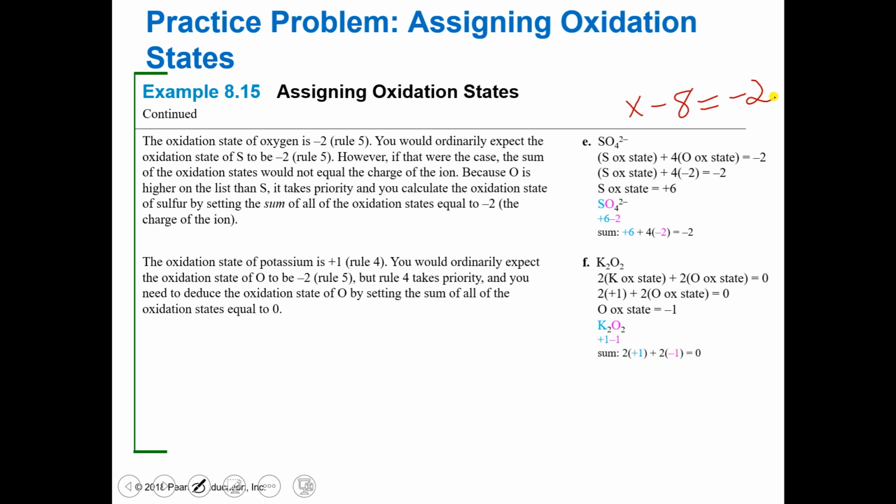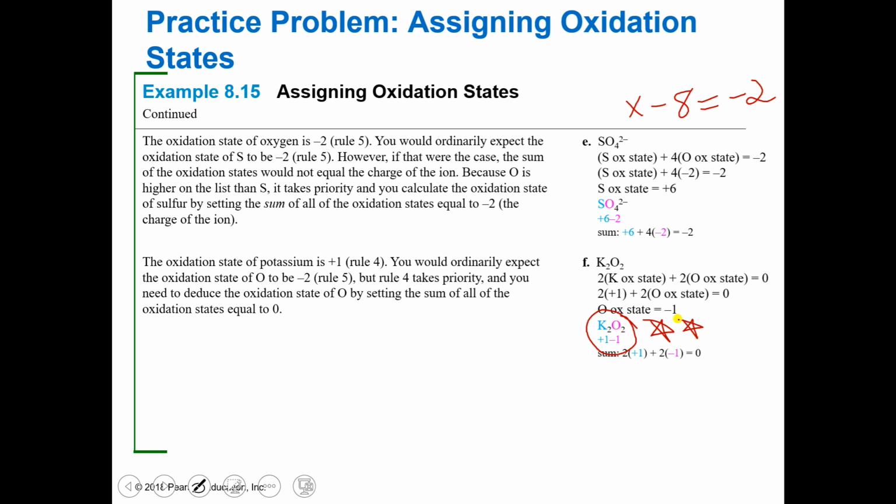And then finally, K2O2, same rules apply. Oxygen is -1. The potassium is +1. We know that they must be equal. So in this case, there's a shift in oxidation number. This is one of the exceptions to the rules. You have to, again, just be able to figure this out.